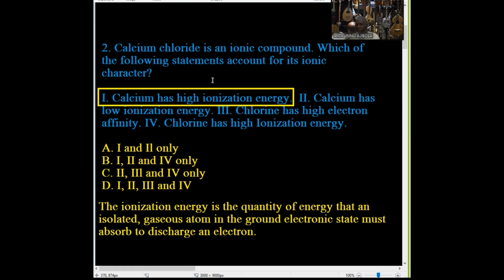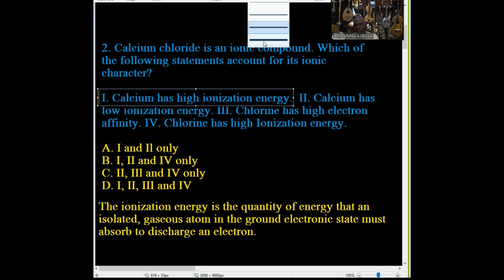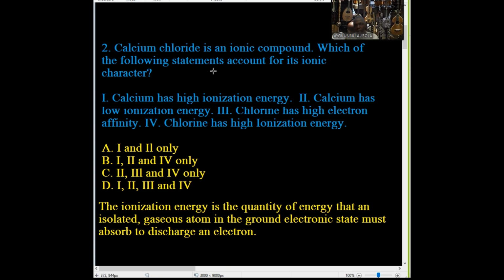So that's why this first option is not correct for calcium, but it is correct for chlorine. Excellent. Is that clear? Yes, sir. It is correct for chlorine, but it is not correct for calcium.